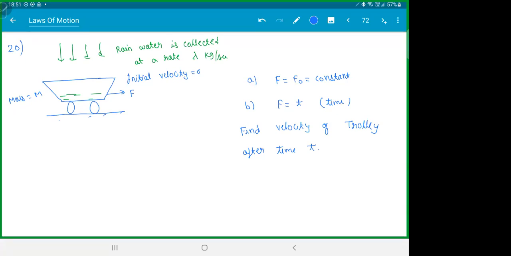Any answers? That is wrong. You can put it in that formula and integrate. That will be quite long.